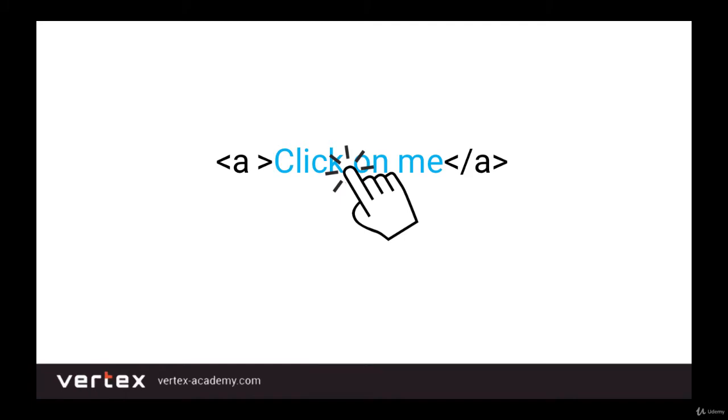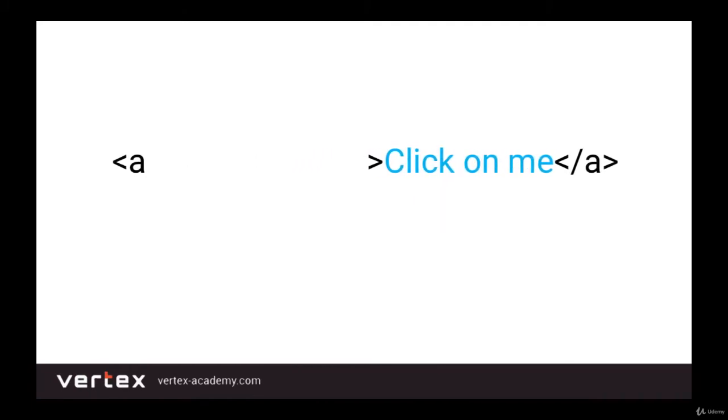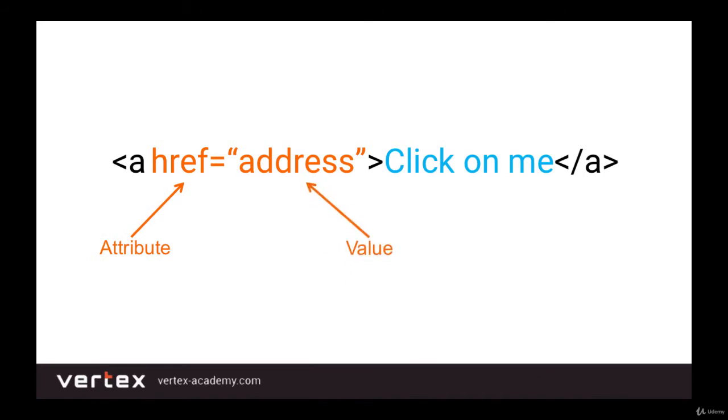A hyperlink has a similar attribute, but it's called href instead of src. It specifies where you go when you click on the link. Href, just like src, is an attribute. So in quotes, we write the value of the attribute, which is the link's destination.